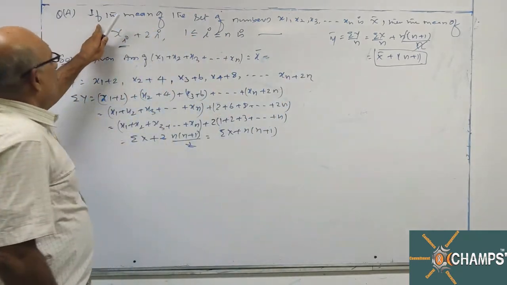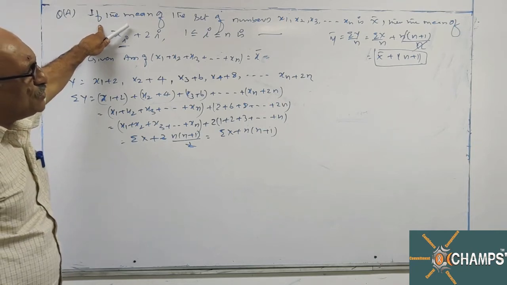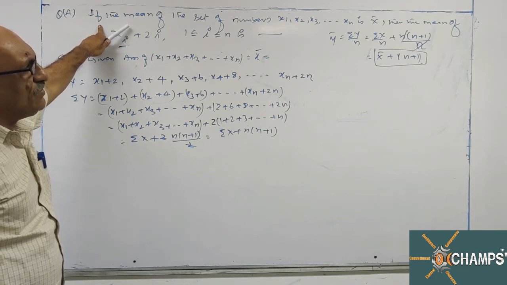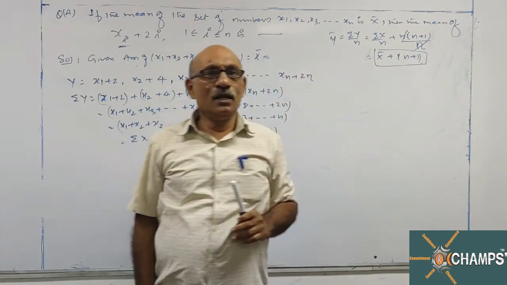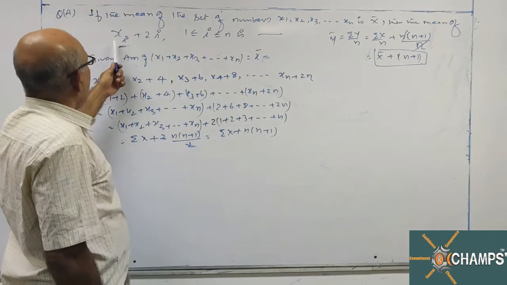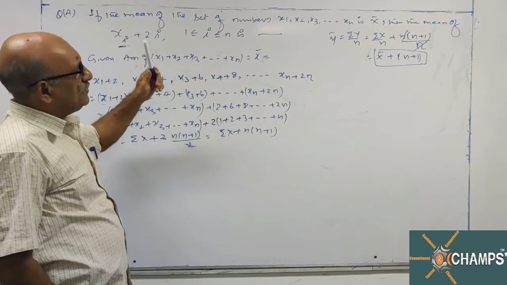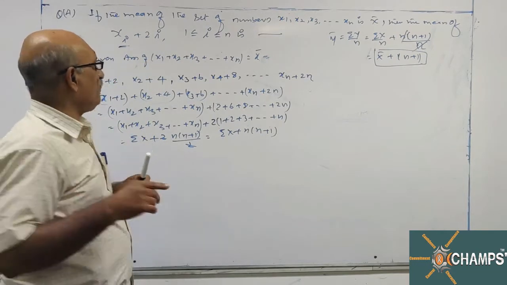Look at the question one more time. Mean of the set of numbers x1, x2, x3, etc., xn is x bar. Mean of this I have to calculate. So first I am replacing i with 1, 2, 3, 4.